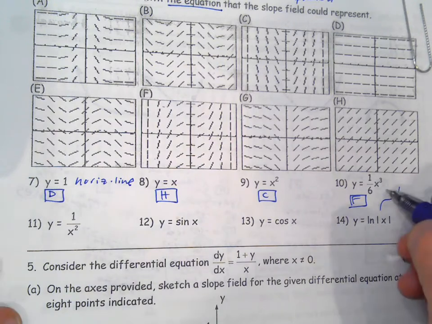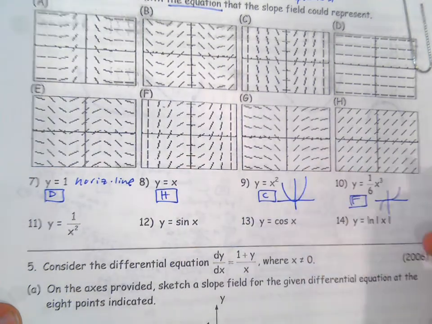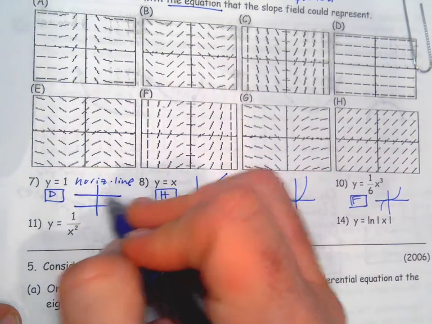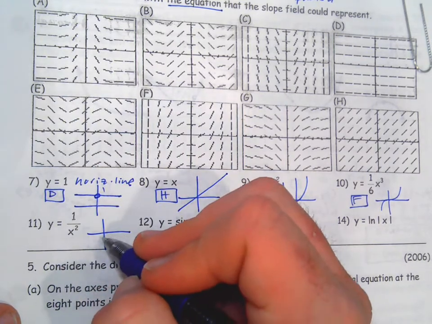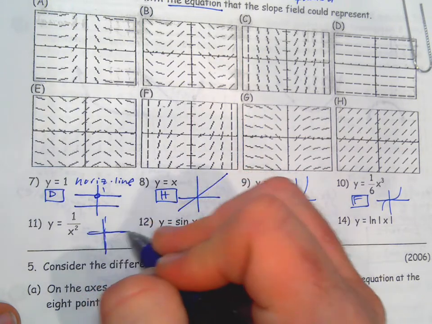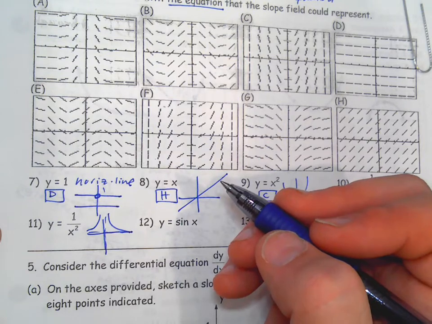Right? That's what a cubic looks like. A bunch of parabolas, a bunch of lines. This one is a rational function, has a vertical asymptote, horizontal asymptote. It's always positive, so it looks like that. So that looks like, I think, A.